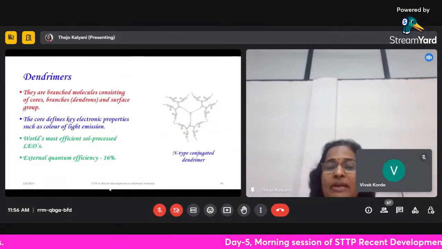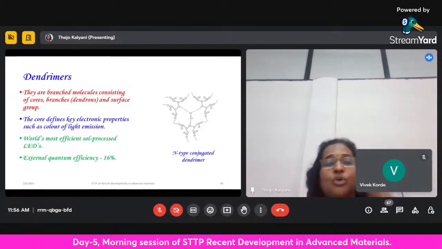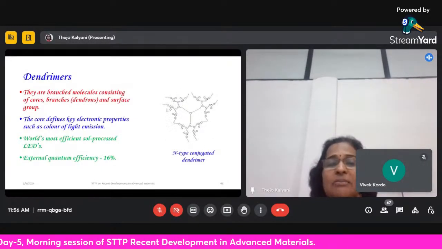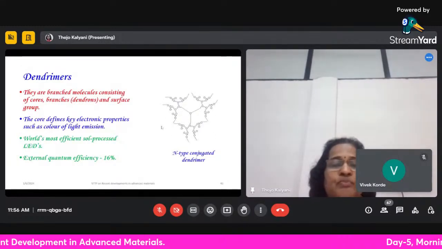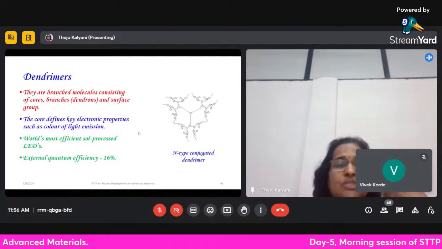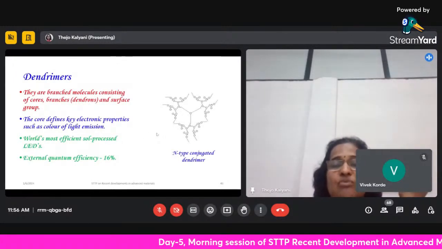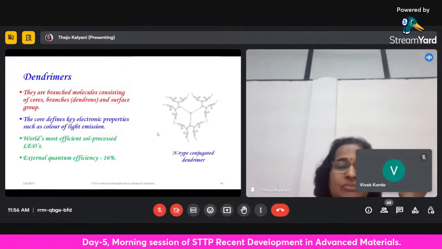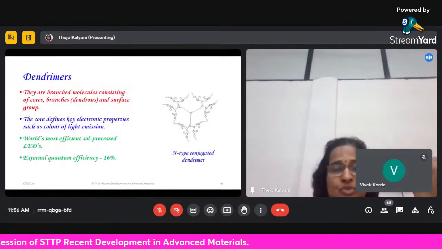Dendrimers are nothing but branched molecules. They have the core, and you can see here the branches, which are also known as dendrons, and the surface group. The core is going to define the electronic property, and it is going to decide what color will be emitted from this device, if you are using this dendrimer as the emissive layer.